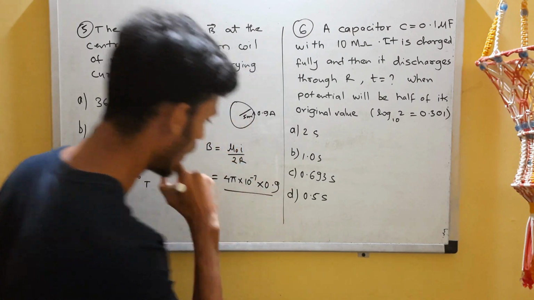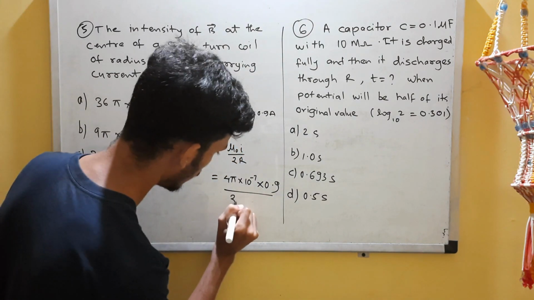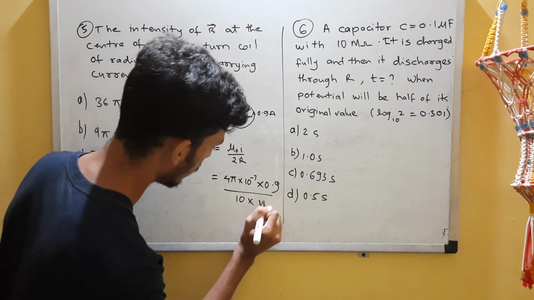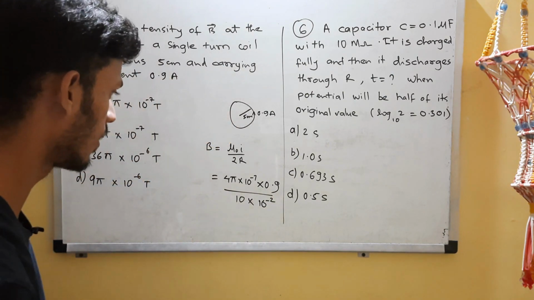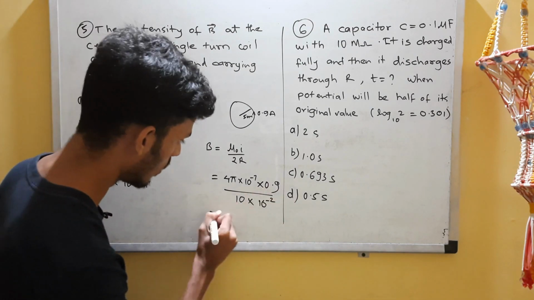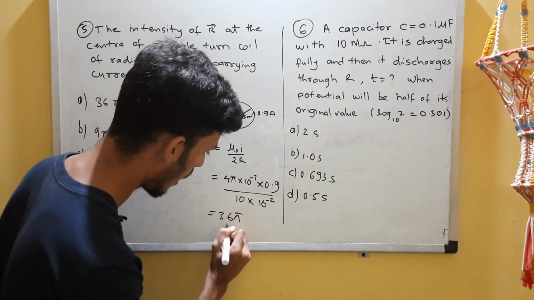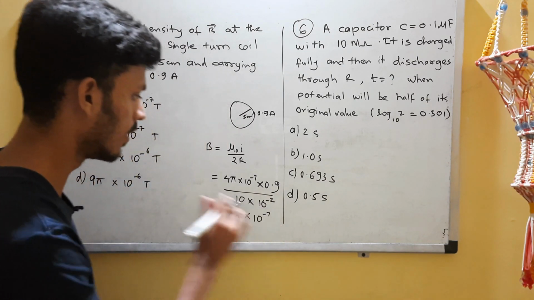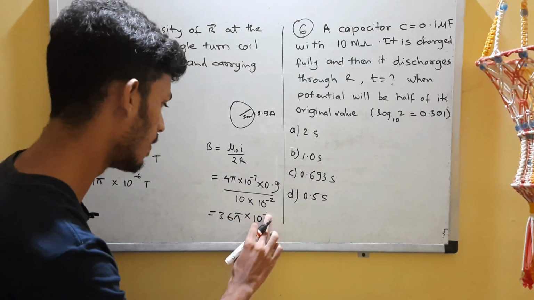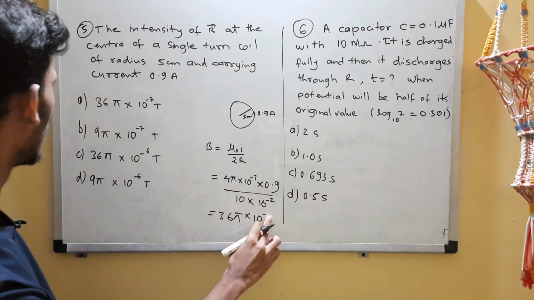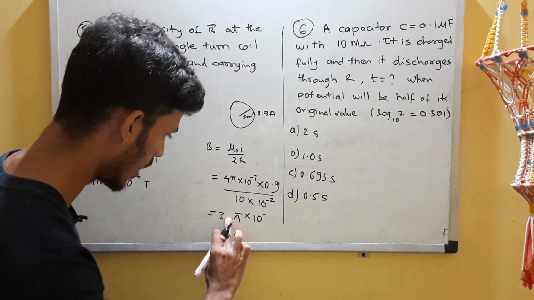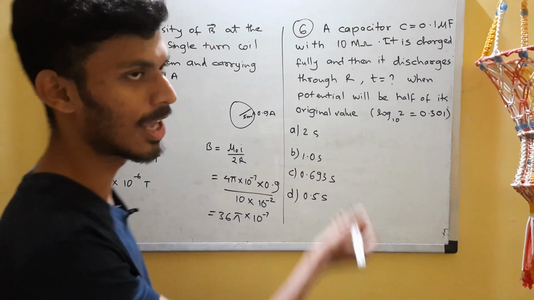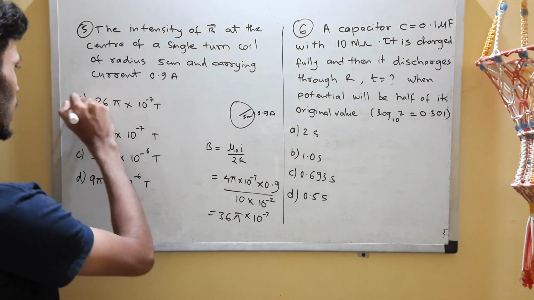Then we have 2 times r, which is 2 times 5 is 10, and that is in centimeters, so let's convert that to meters. 4 nines are 36, 3.6 pi, and then we have 10 to the power minus 7, and in the denominator it will become minus 1, so this will become minus 6, and again if we move the decimal, it will become minus 7. I hope you were able to follow. You can just do the calculations, and you'll arrive at the same answer, which is option A.